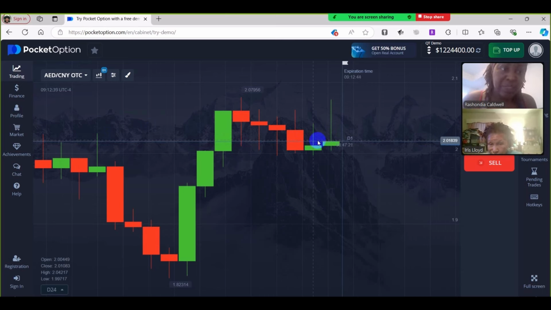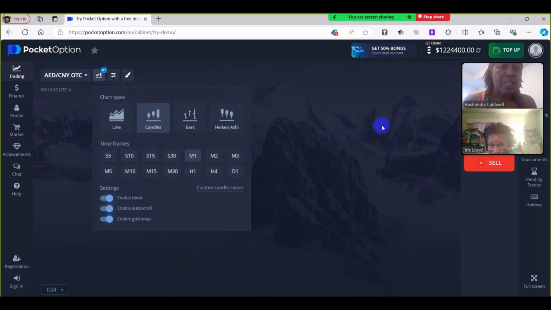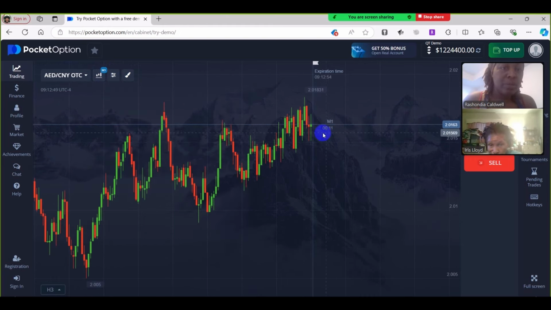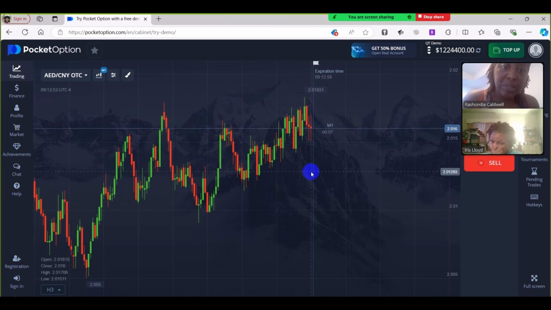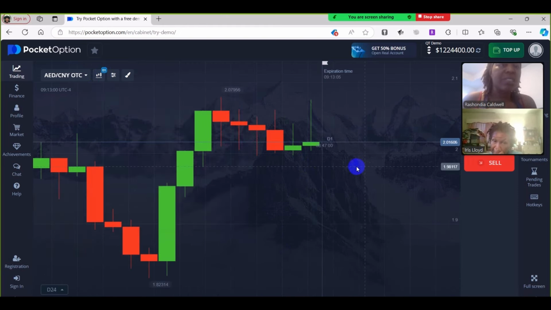You're not going to see it move really fast like the M1. You see that movement really good. But you're not going to see that on the daily chart, because it's going to take all day to create this candle.